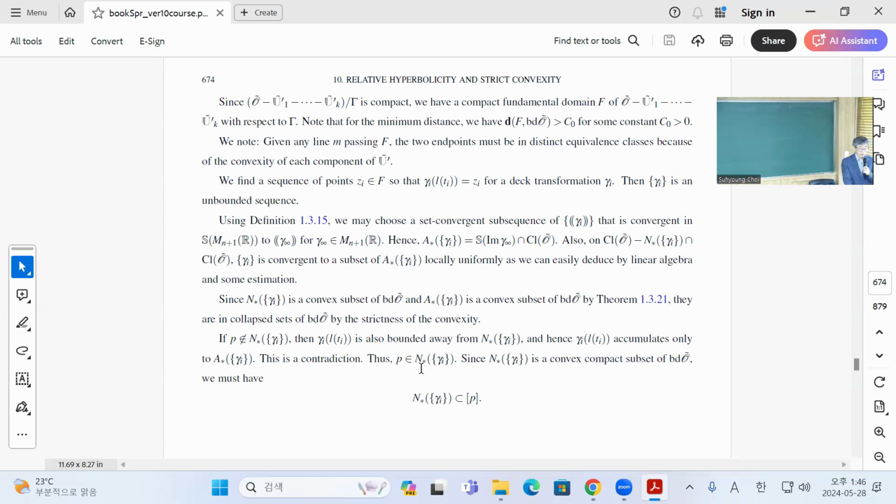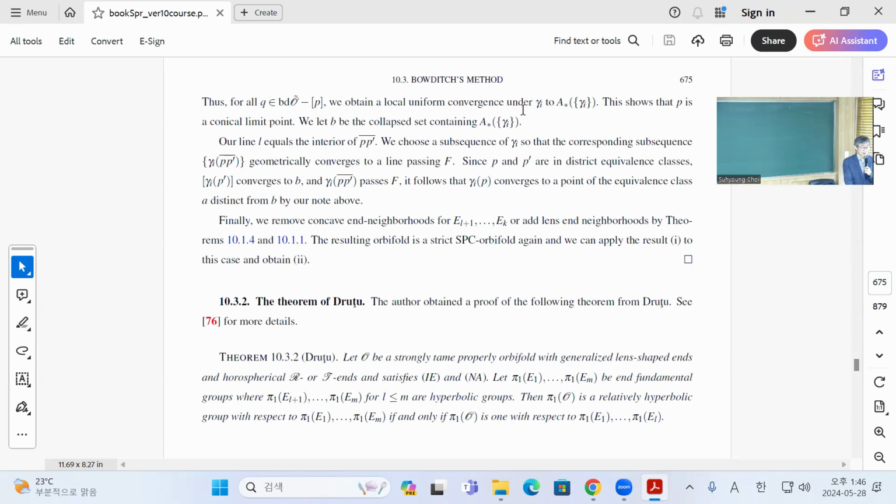So therefore, this P has to be in this null space, and so the whole thing has to accumulate only to A star. So this is not what we have. So this means that P has to be in here, and then by strict convexity, this always has to be in P. And so for any other point, you can always show the local uniform convergence using the A star.